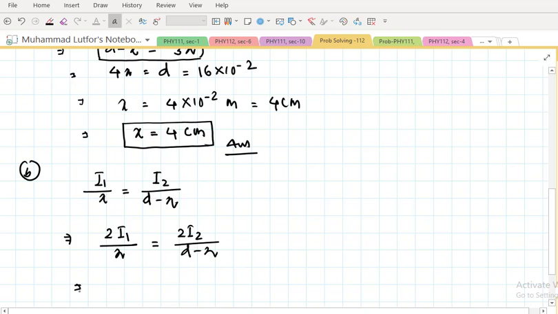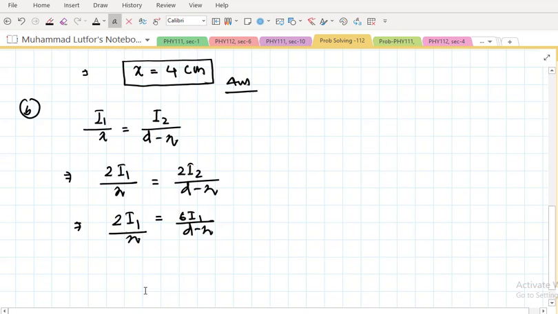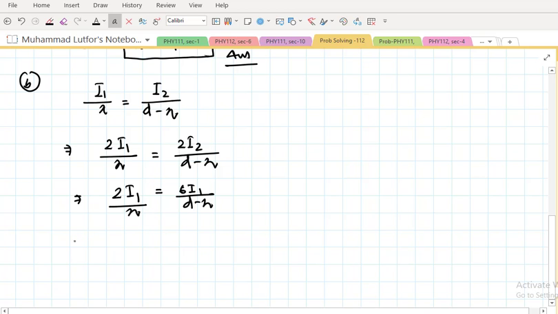I2 is actually 3 I1, so this would be 6 I1 divided by d minus x, and over here it would be x. Now I1 cancels out and it remains the same equation: 1 over x equals 3 by d minus x.